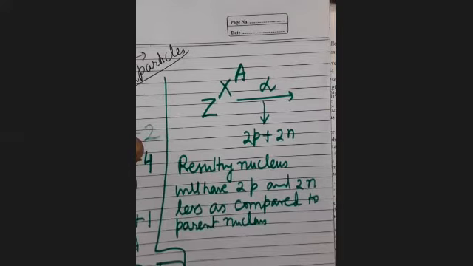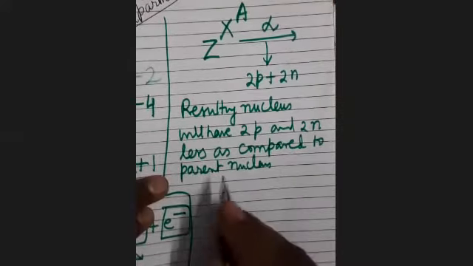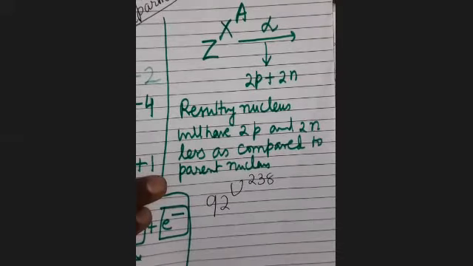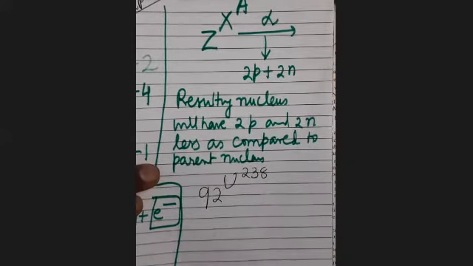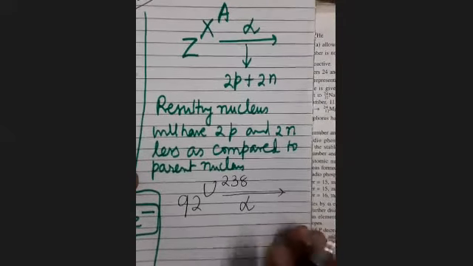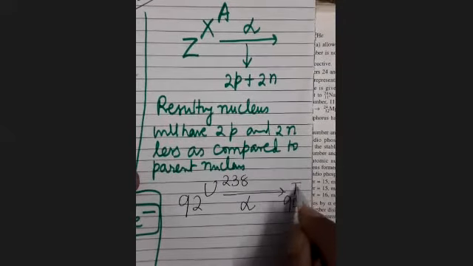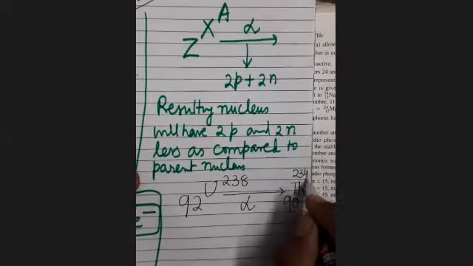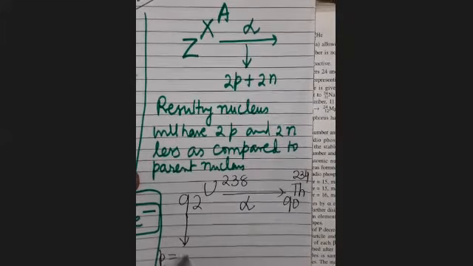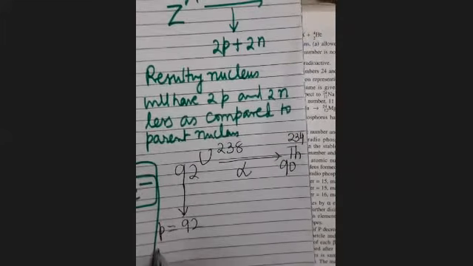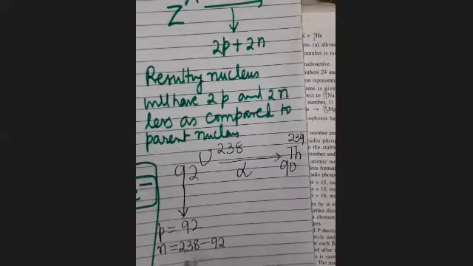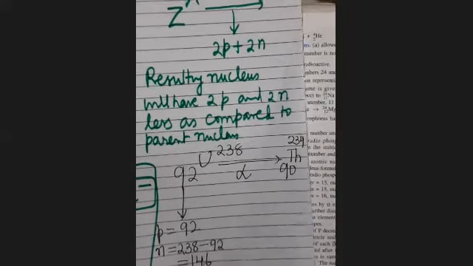For example, uranium is 92U238. When it emits an alpha particle, it becomes 90Th234. Now, the protons here are 92 and neutrons are 238 minus 92, that is 146.